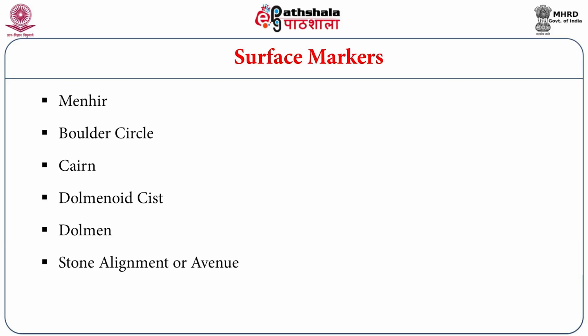Another important burial type is stone alignment or avenue. Sometimes instead of one single stone, people plant stones in a row and sometimes in multiple rows to form something like an avenue. These burial types are found in Karnataka. They are also interesting.